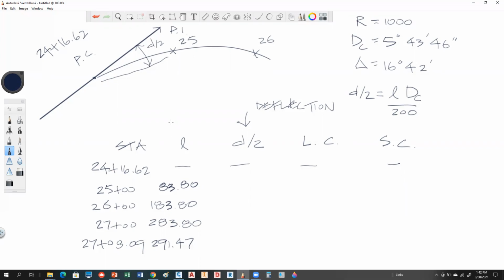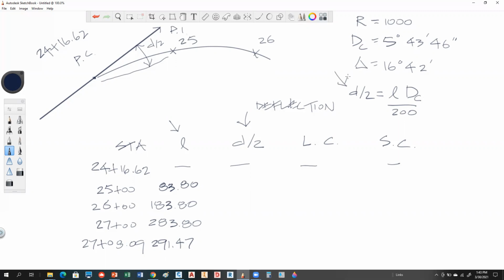This guy. You see that? So degree of curve divided by 200 is a constant for this curve. And so all I have to do is take degree of curve, divide it by 200, store that number, and multiply it by L, multiply that recall by L, multiply the recall by L. So each time I do that, it's just incrementing.